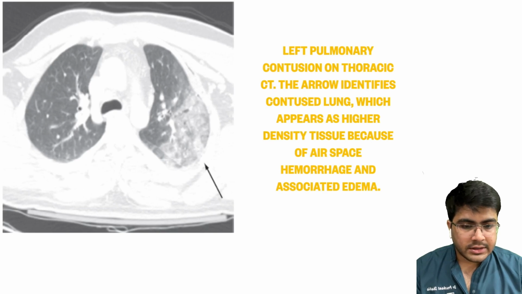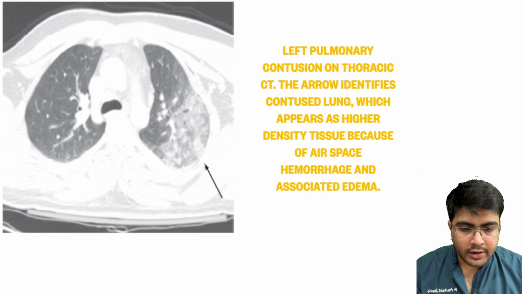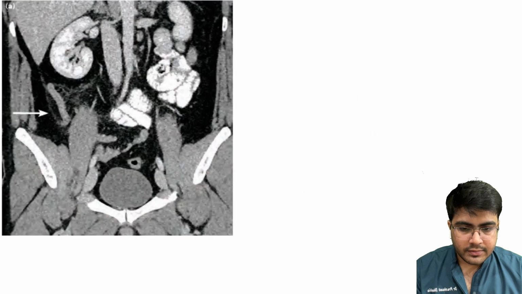Air has a minimal Hounsfield unit, so the density is very low, but as the air-filled spaces get filled with hemorrhage and edema, that is fluid, the density increases, and this leads to radio-opacity, which appears as contusion. Okay, so that is the basis of detection of pulmonary contusion.